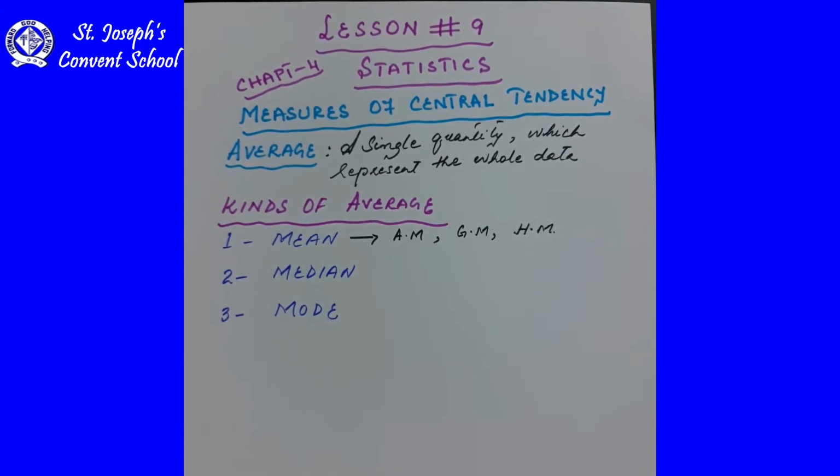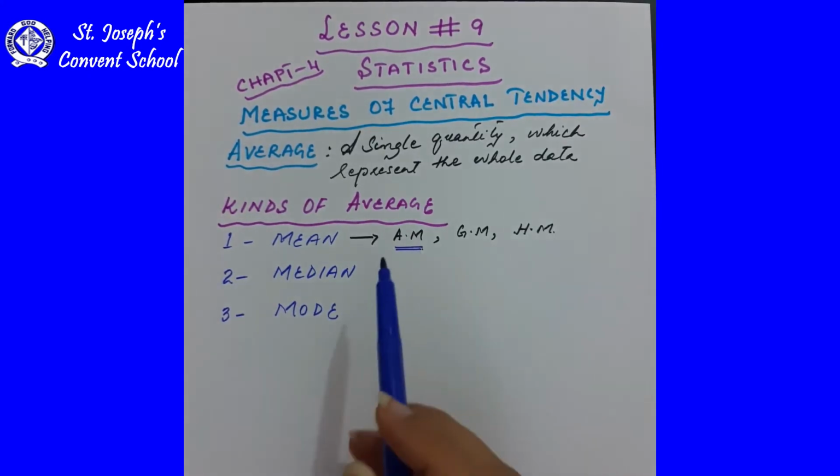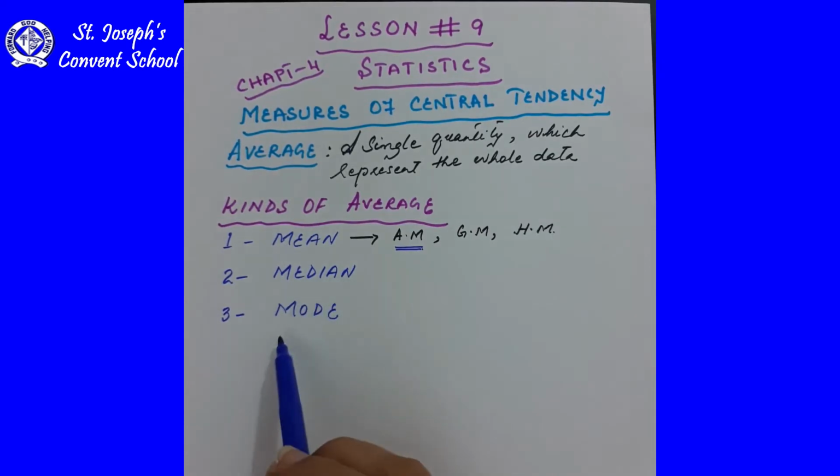These are three different types of mean. But we will study only one type from these: arithmetic mean. Then we will study median, and we will study mode also. One by one we are going to do. We will start with arithmetic mean.